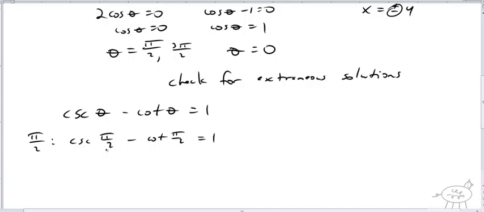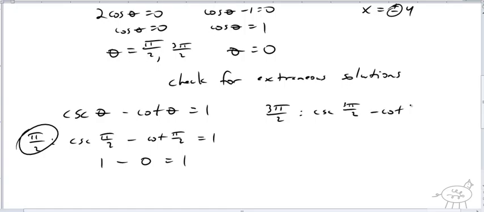Okay, cosecant of pi over 2 is 1. Cotangent is 0. Oh, that's good. I like that one. If I do 3 pi over 2, I'm going to get cosecant of 3 pi over 2 minus cotangent of 3 pi over 2. So that gives me negative 1 minus 0, which is negative 1.